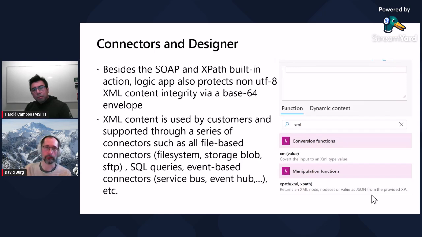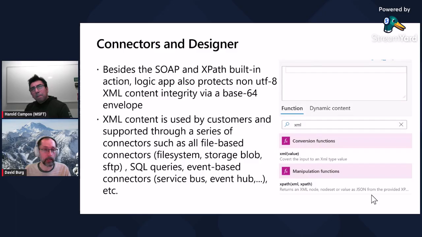The protection and content in an envelope was there fairly early on in Logic App history to allow support of just binary content, but also by extension, any content that would not be natively represented in the underlying JSON, right? Because the JSON has a certain range of characters and a certain encoding, which is set in UTF-8. But XML can be any encoding.